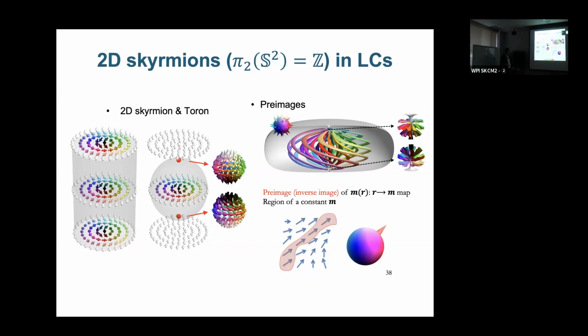Importantly, you can analyze it with the help of so-called pre-images that characterize regions in space that correspond to single points on the order parameter space. So, for example, if I take this point on S2 order parameter sphere, there is a certain region in this space where these spins or unit vectors orient along that direction.